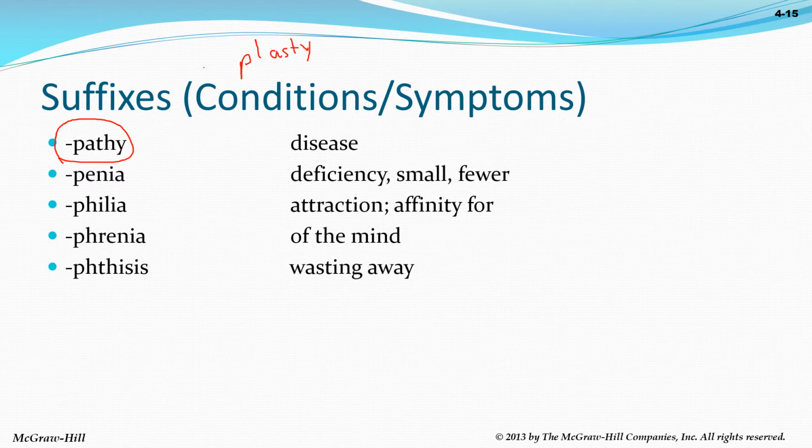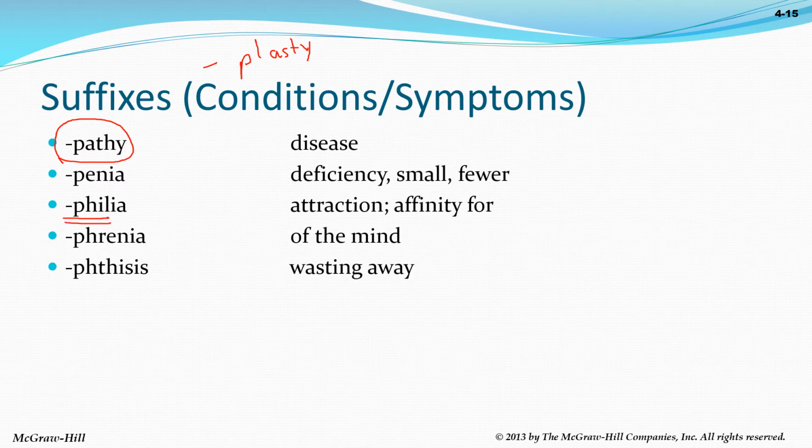So when you have plastic surgery, it's not using plastic, right? That's what I thought it was when I was a kid. She had plastic surgery. Where did they put the plastic? No, plasty just means surgical repair. Pathy, disease. Penia is low. Think of like low blood cells. You have like aplastic anemia or leukopenia.